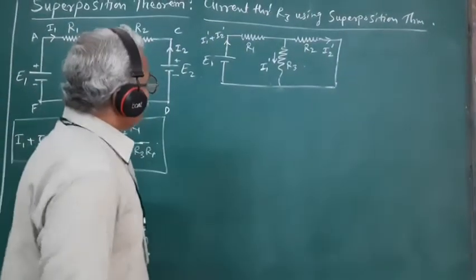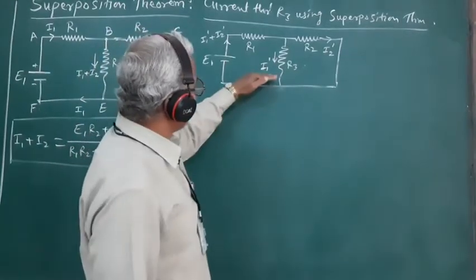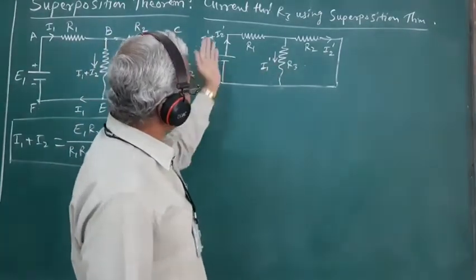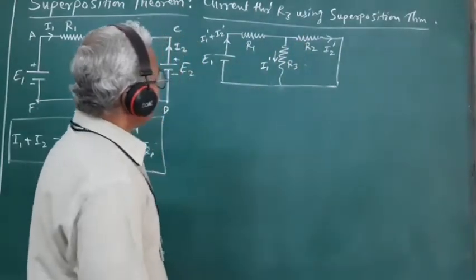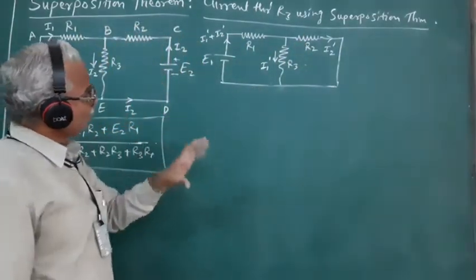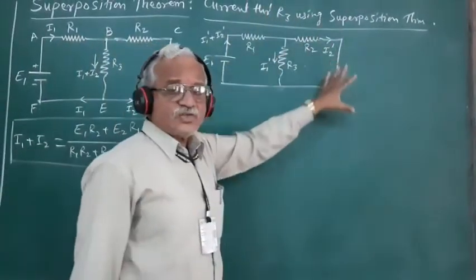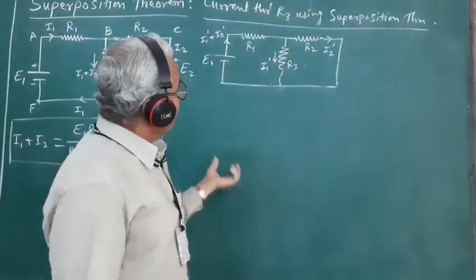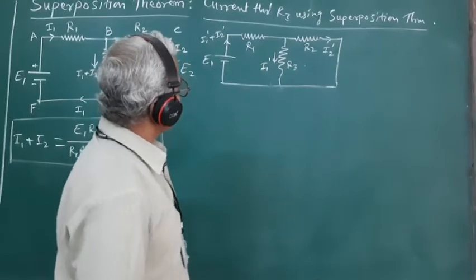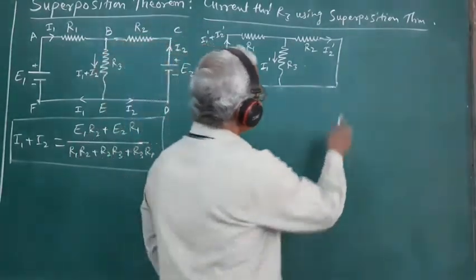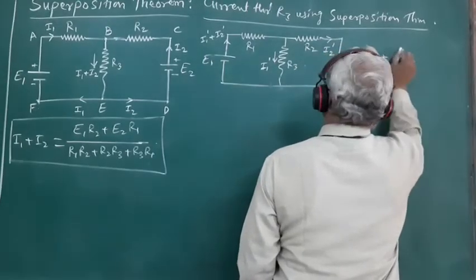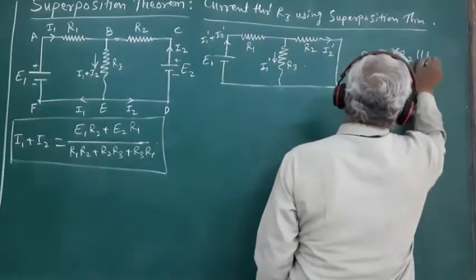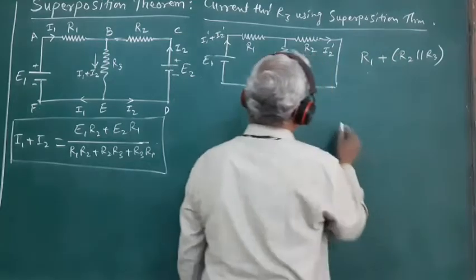Now, in order to find out the expression for I1 prime in terms of E1, R1, R2 and R3, we must first know the total resistance of this circuit. If we observe this network, the total resistance of the circuit is nothing but R1 plus R2 parallel R3.